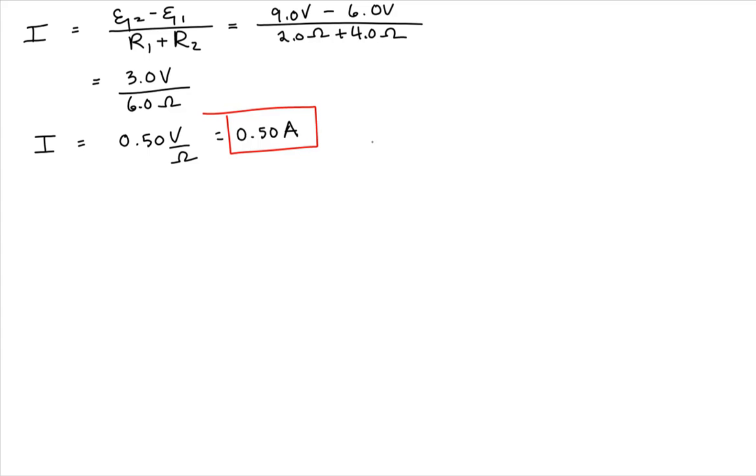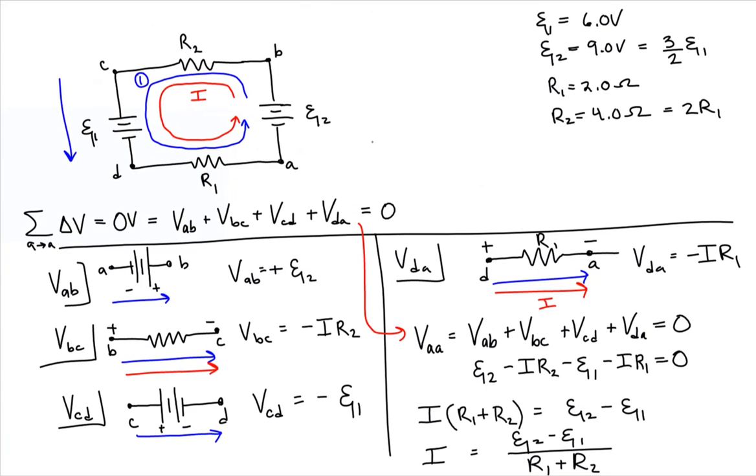Now that we found the current in the circuit, we could use this to find the potential difference across each of our resistors. So let's look at how we label things.